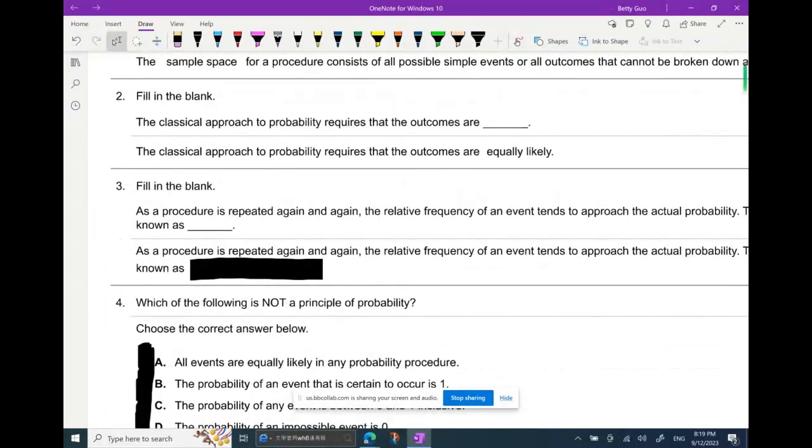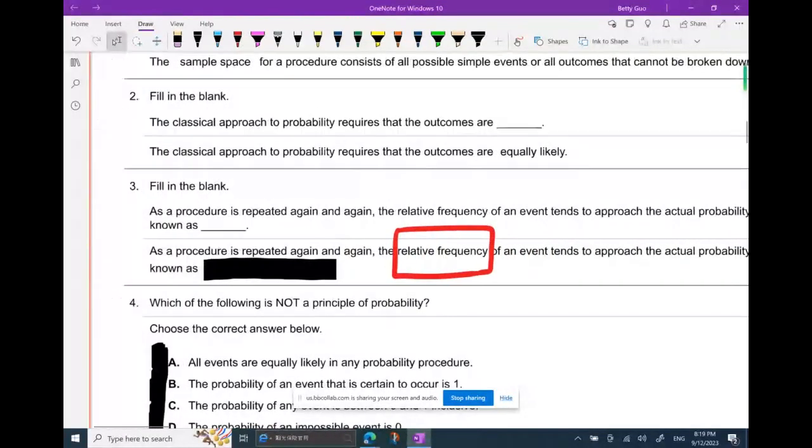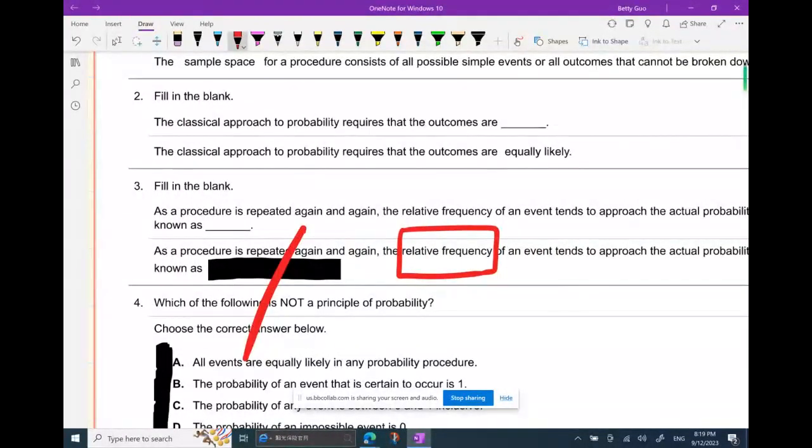Number 3, as a procedure is repeated again and again, the relative frequency of an event tends to approach the actual probability. When you see relative frequency, you know it's empirical, right? This is known as the law of large numbers, which we didn't cover.